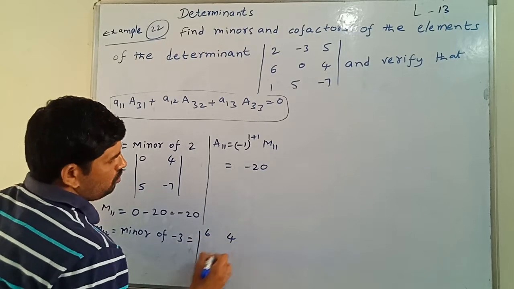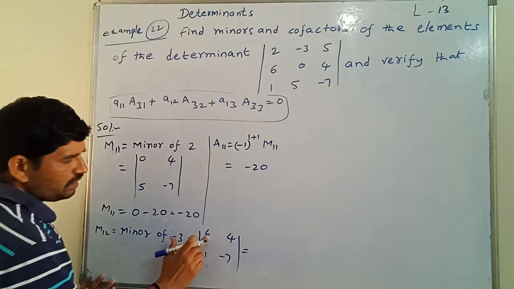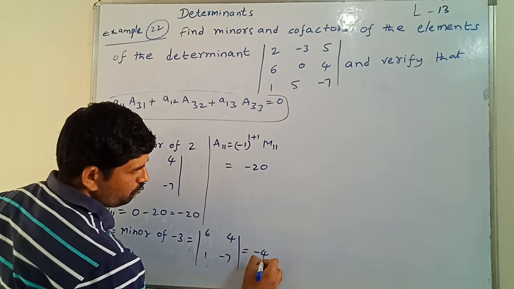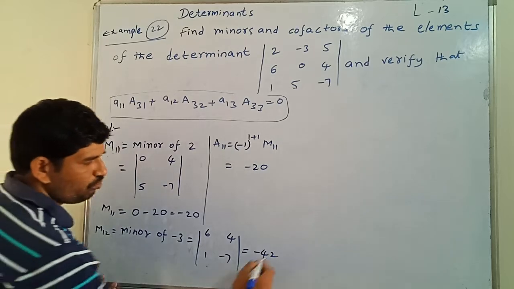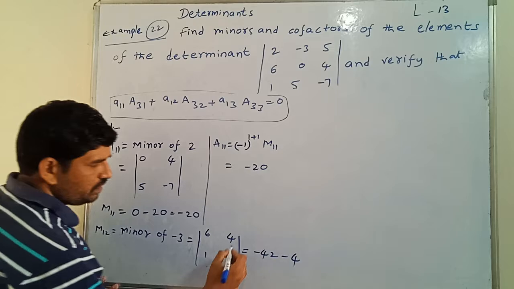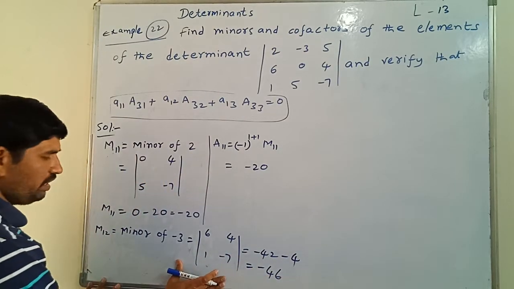Then the cross multiplication of this, 6 into 7 is minus 42, minus 4 into 1 is 4. So then the result is minus 46. We got the minor here.